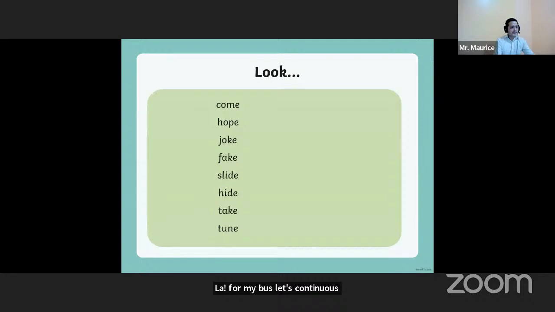Ok, aquí tenemos pues otra tanda de verbos. Como usted observa, pues el común denominador de todos ellos es que terminan en la vocal E. Come, hope, joke, fake, slide, hide, take, and tune.